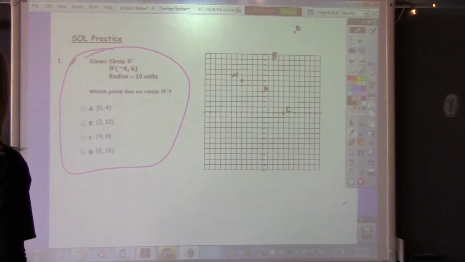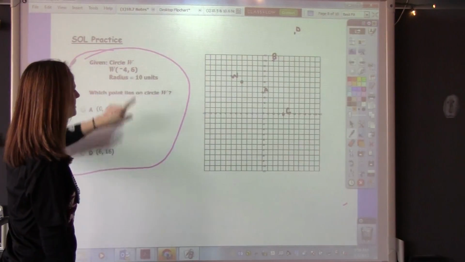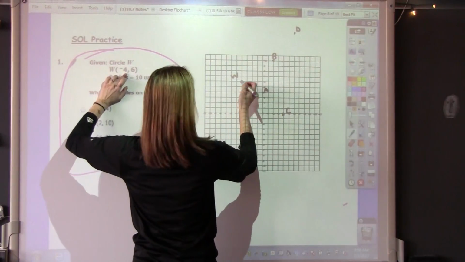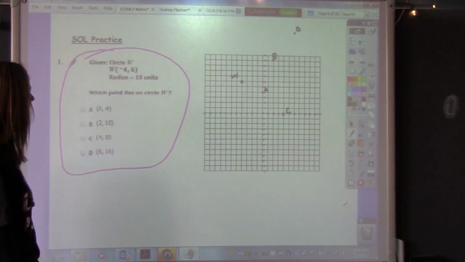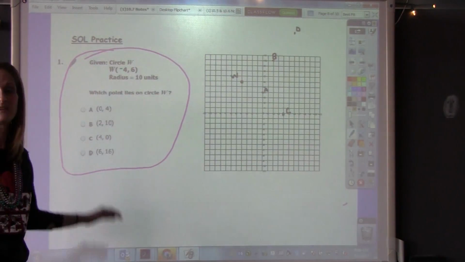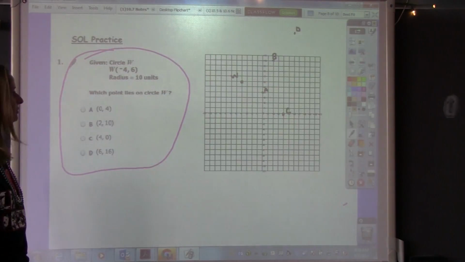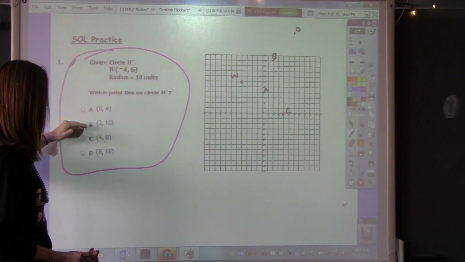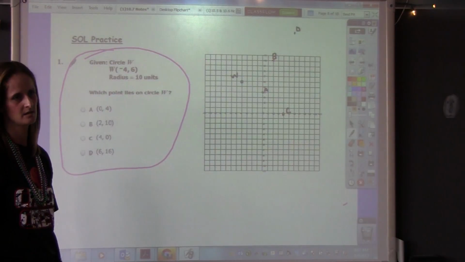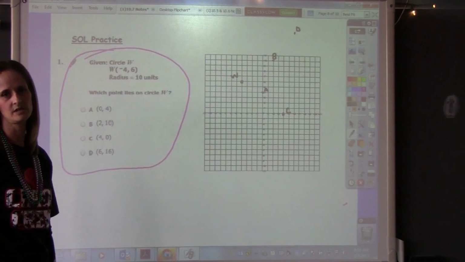For this one, they tell us circle W, center is at -4, 6, so go ahead and plot that point. That's your center. Which point lies on W? Now they give you the answers, so use them. We need to know which of these points is 10 away from -4, 6.